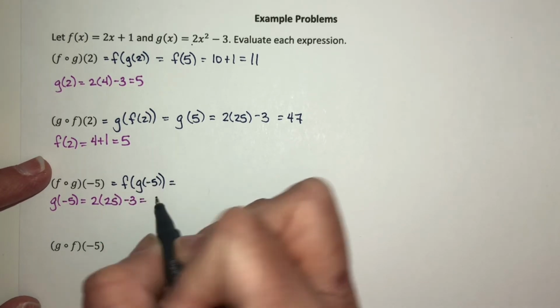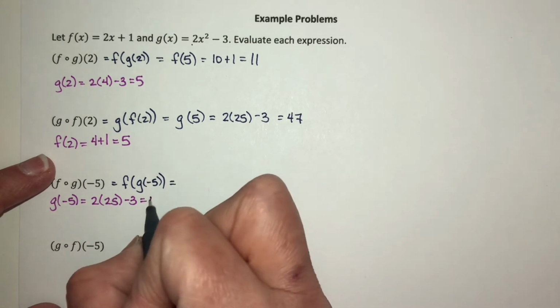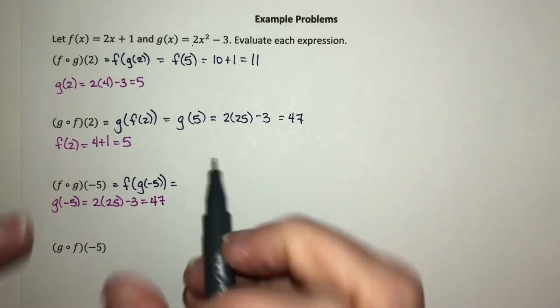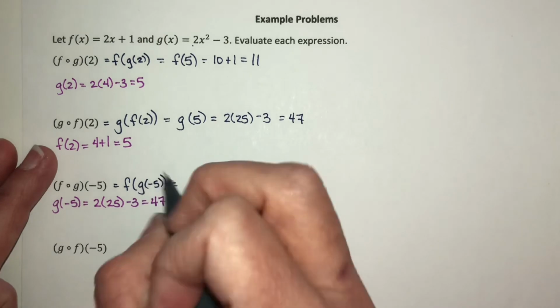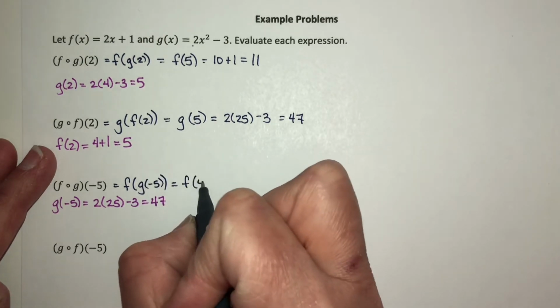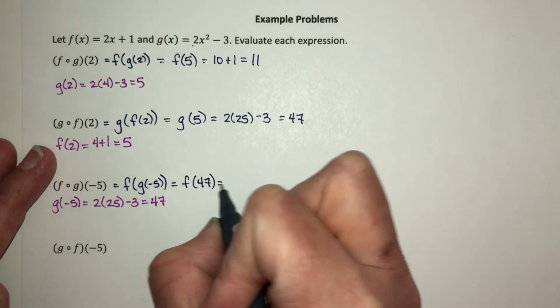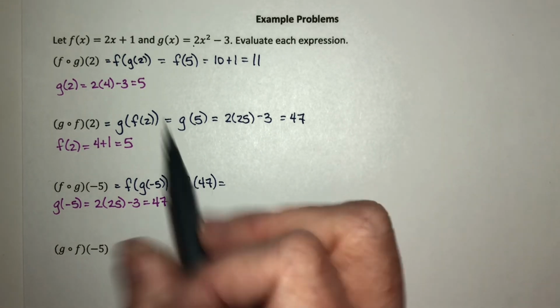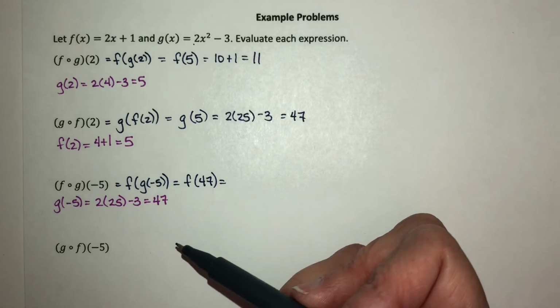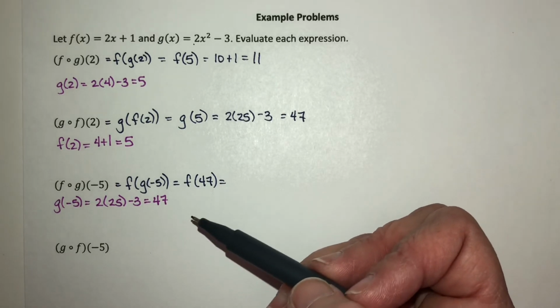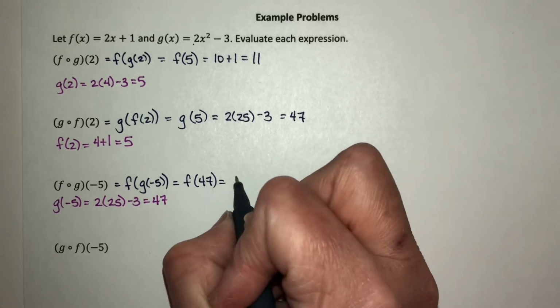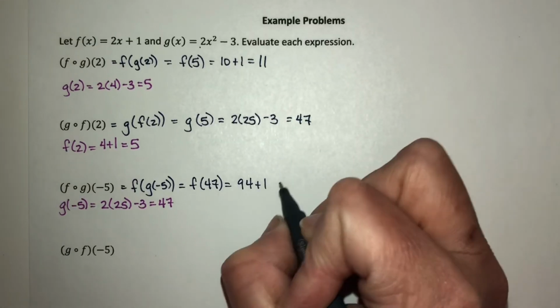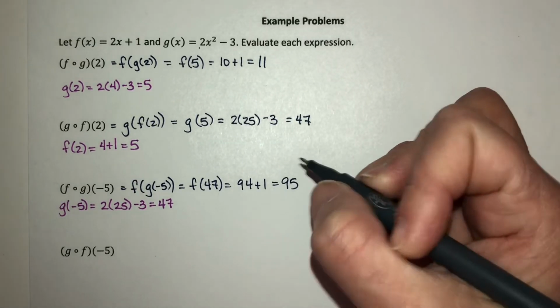So that would be 47. So I'm looking to find f of 47. 47 times 2 would be, what, 94 plus 1. So that answer will be 95.